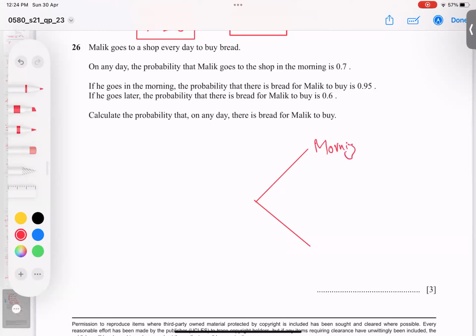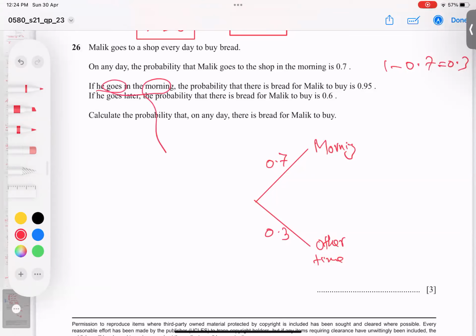So he goes to the shop in the morning, the chance is 0.7. So not morning, or you can say evening or other time. Naturally, what is the technique? Subtract from 1 minus 0.7, I will get 0.3.